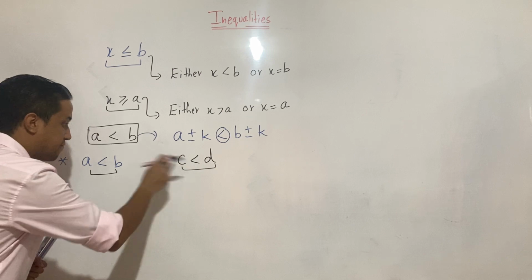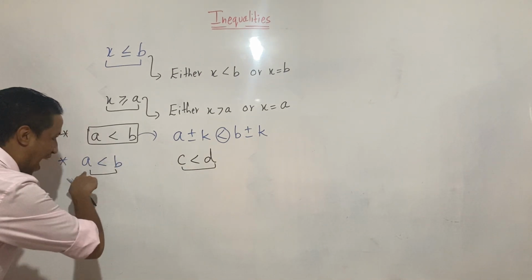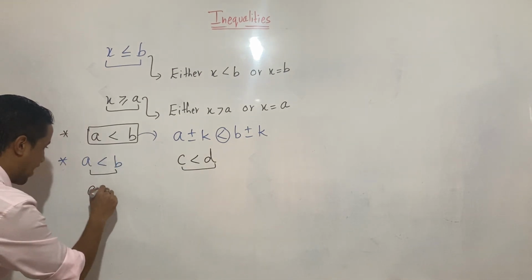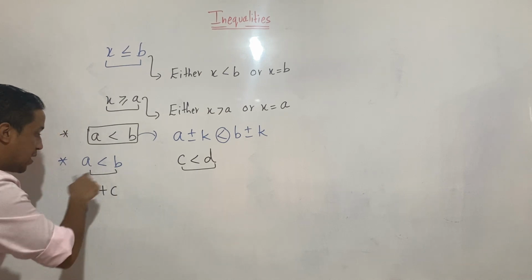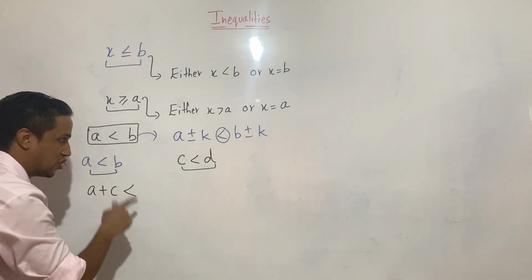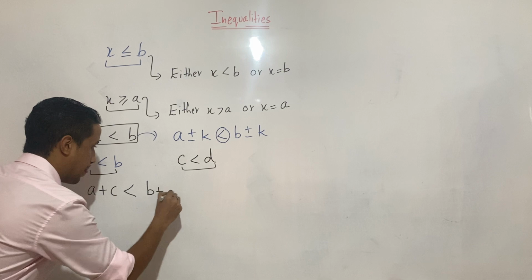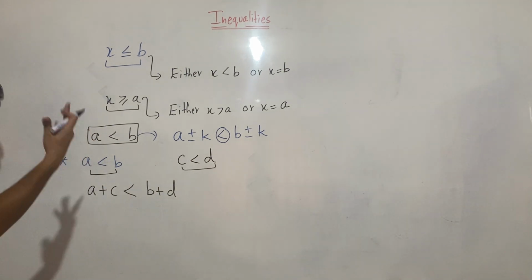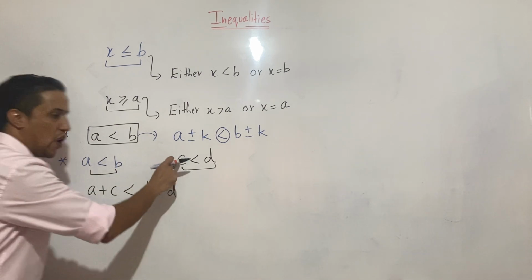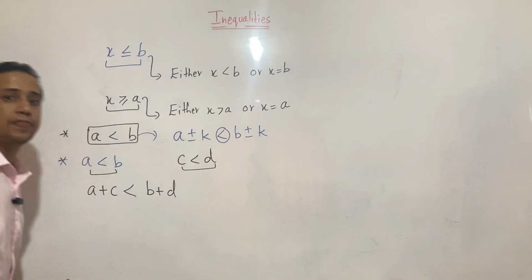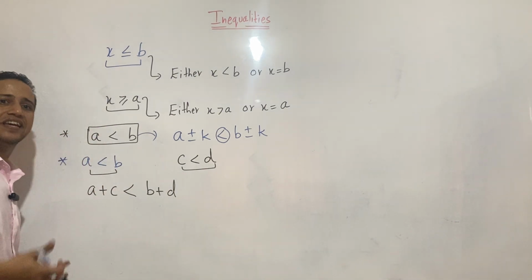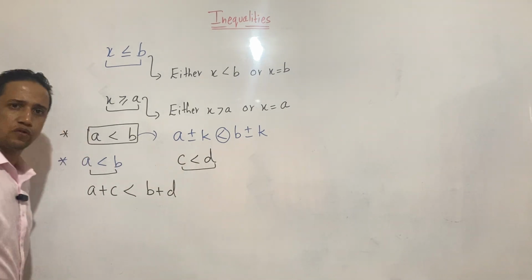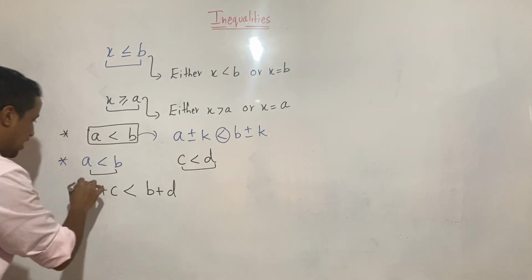So if I add these smaller values, their sum is always going to be less than the sum of b and d. It's obvious: if you add two smaller values, then the sum is always going to be less than the sum of the bigger values.